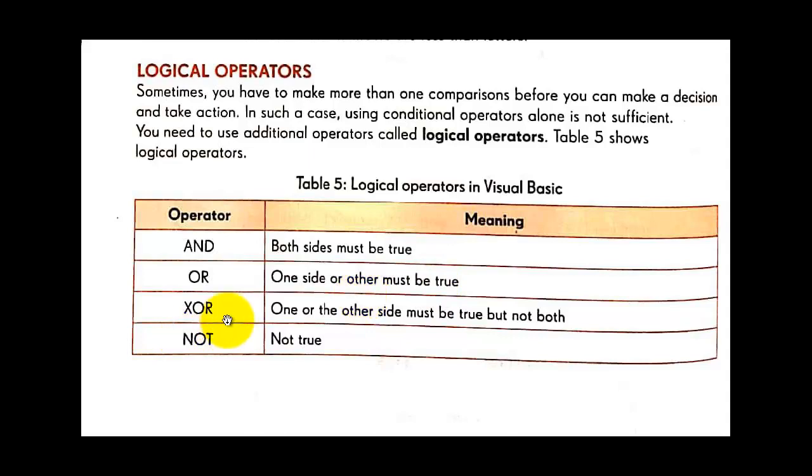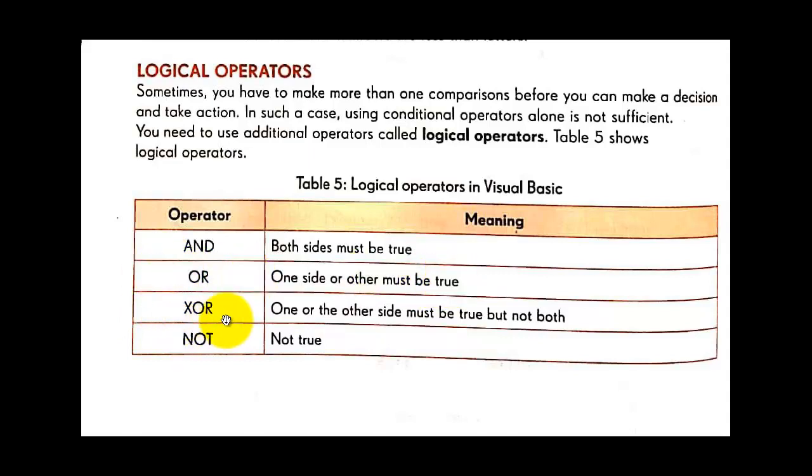Then XOR. One or the other side must be true but not both. That is, condition 1 may be true or condition 2 may be true, like in the OR condition. But if both the conditions are true, then it will return the false value. Here in the OR condition, if both the conditions are true, it will return the value true.